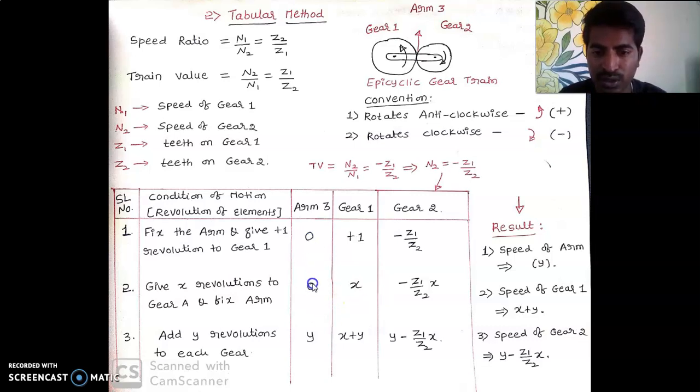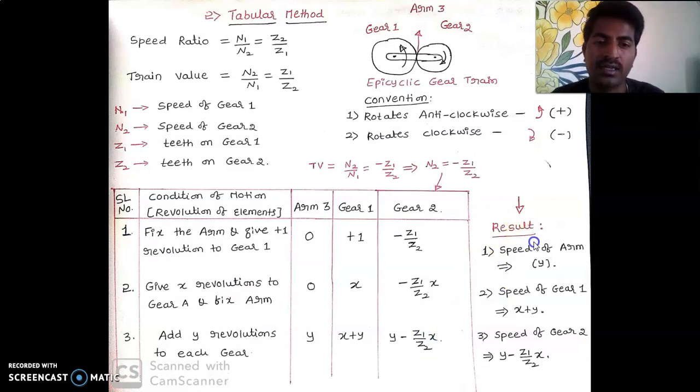So X into 0, 0, X into 1, X, and this into X, this much X. Now just add Y to the second row. So 0 plus Y, it is Y, X plus Y, X plus Y, and if you add this to X, it becomes Y minus Z1 by Z2 into X.